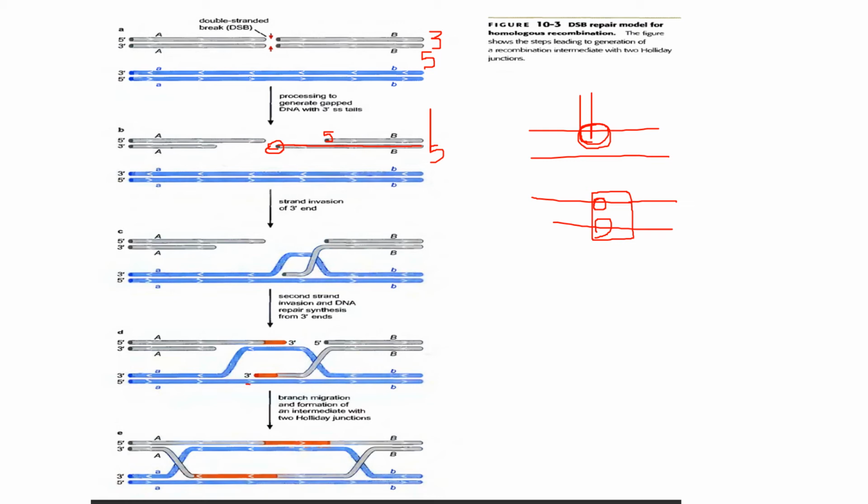By using this template strand, synthesis of this strand takes place. The same thing happens over here.